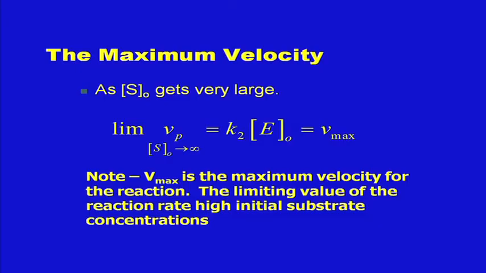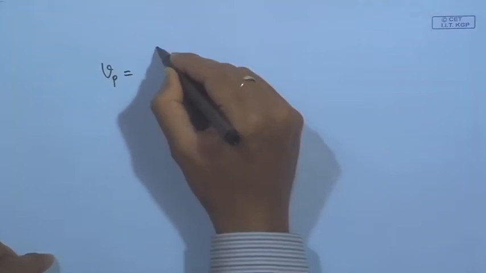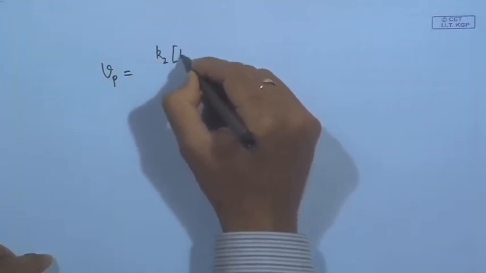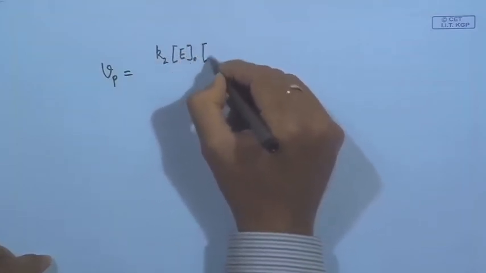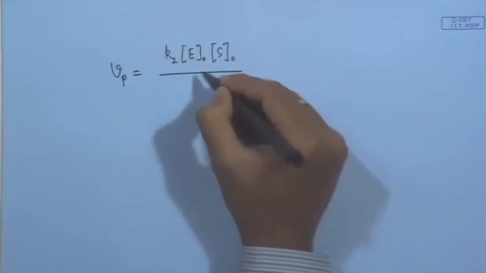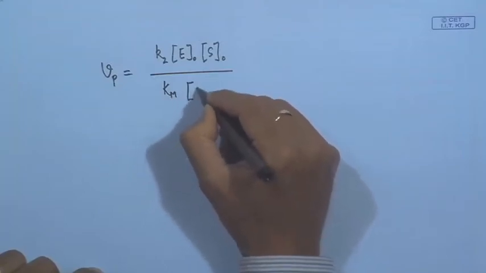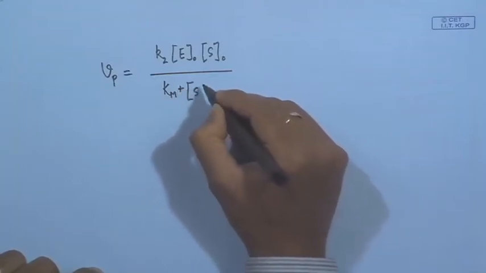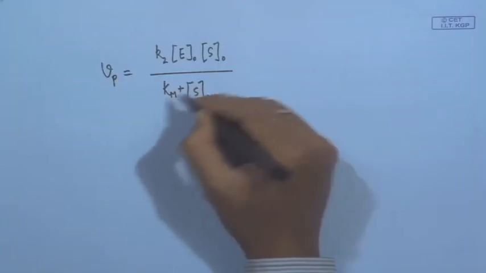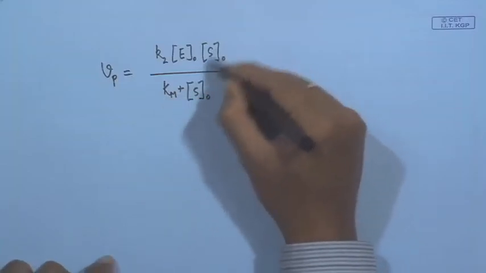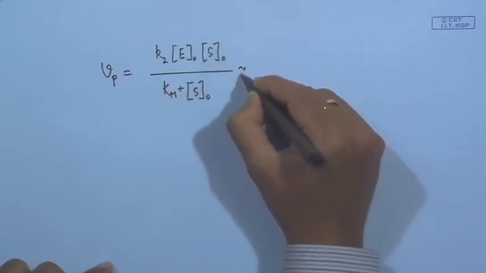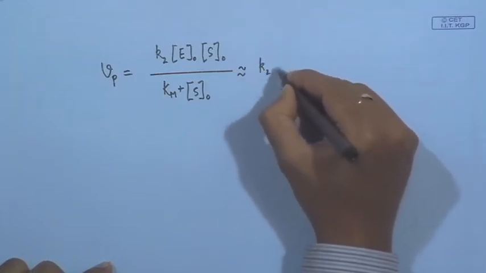So, that means for your Michaelis-Menten equation, Vp is equal to K2 E0 S0 divided by Km plus S0. So, if Km is neglected, then these two S0 will just cancel out. So, this will be K2 into E0.